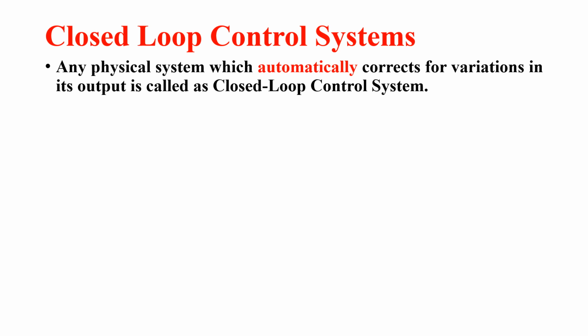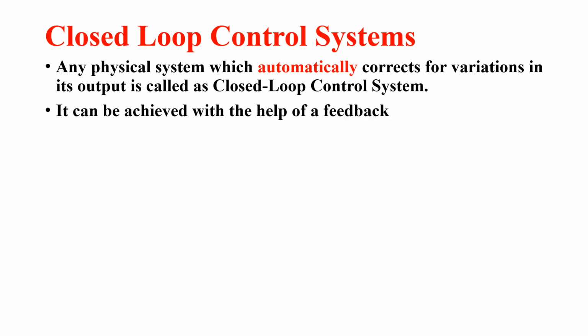Now we are saying this system automatically corrects for variations in its output. So we are calling this a closed loop control system. It can be achieved with the help of a feedback. So every closed loop control system will have a feedback. This is another important portion of closed loop control system, that they are going to have the feedback.